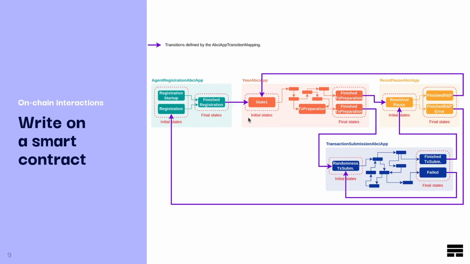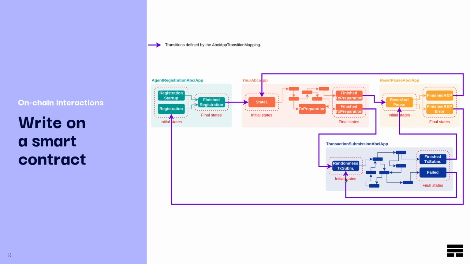So just reviewing the part of the transaction submission. Again, your service starts with this registration. It transits to your ABCI app. You have a number of states, and you decide here that you need to prepare a transaction. So you prepare this transaction. This is a placeholder state. You do nothing here. It just allows you to transit to transaction submission.